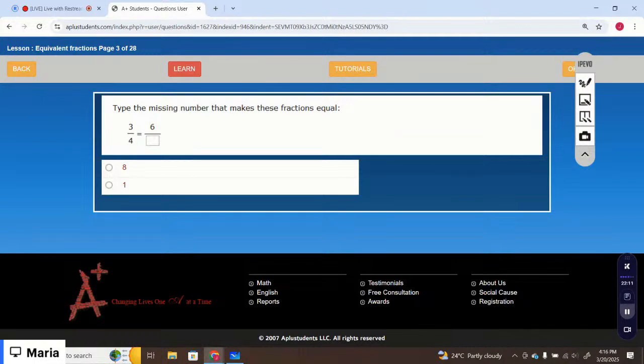Type the missing number that makes these fractions equal. 3 over 4 equals 6 over the missing number.